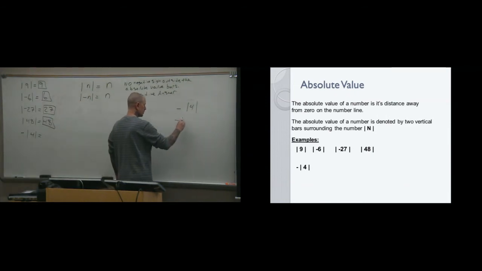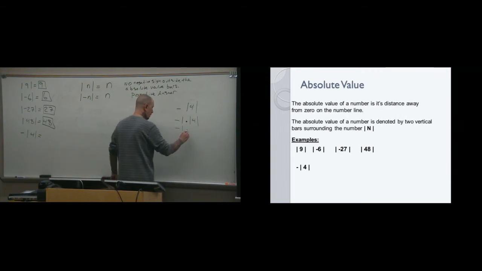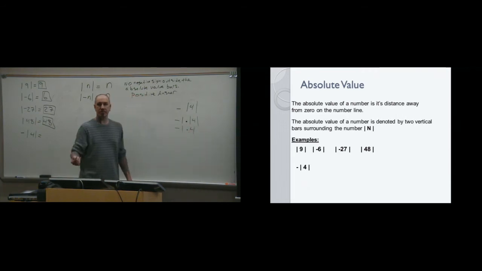So that would be a -4 then. That's right. We have to take the absolute value before we can multiply. So the absolute value of 4 is 4. So it would be -1 times 4, but -1 times 4 is -4.